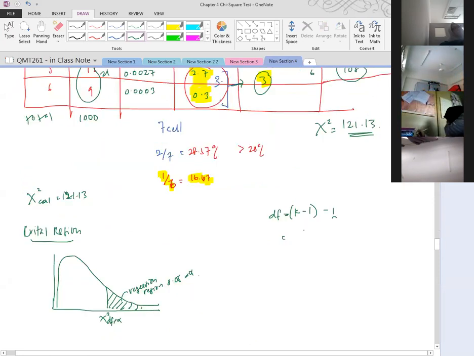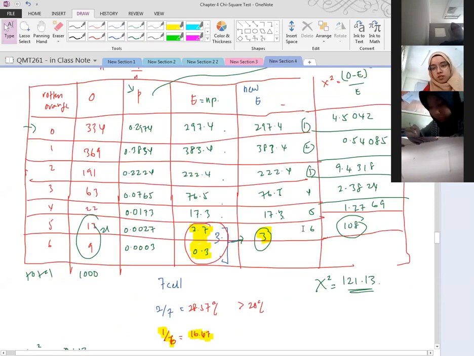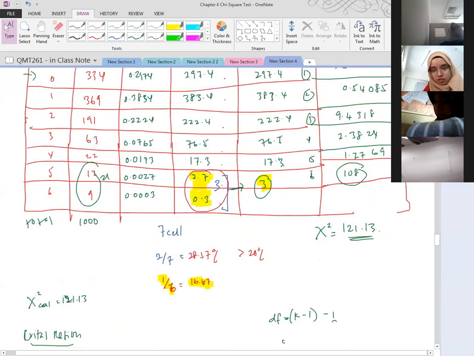So since we are using data to compute the probability value, we need to minus another one. So how many classes do we have? We only have 1, 2, 3, 4, 5, 6, 6 categories. Compared to the first one, we had 7, 1, 2, 3, 4, 5, 6, 7. But we already combined these two cells to become one, so we only have 6 cells.